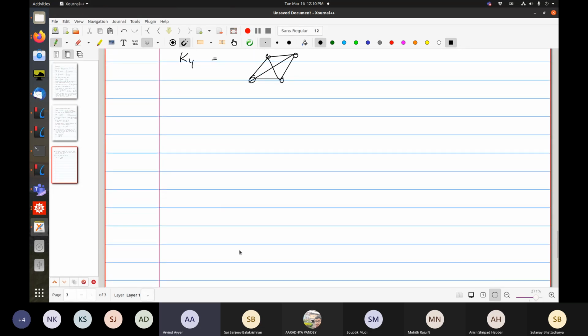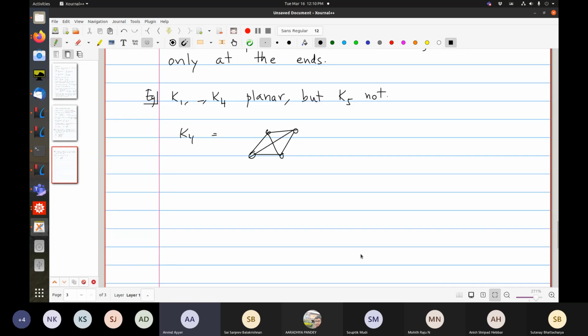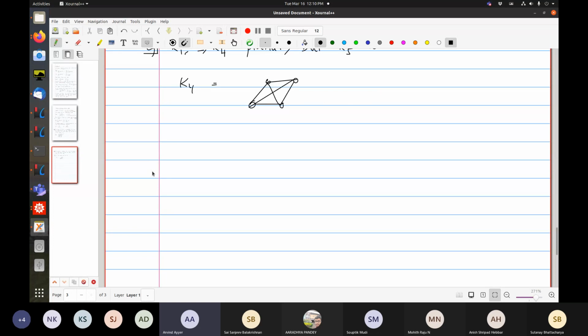Okay, so now I think I have defined all the graph notions that I need to talk about perfect matching. So let me define what a matching is.